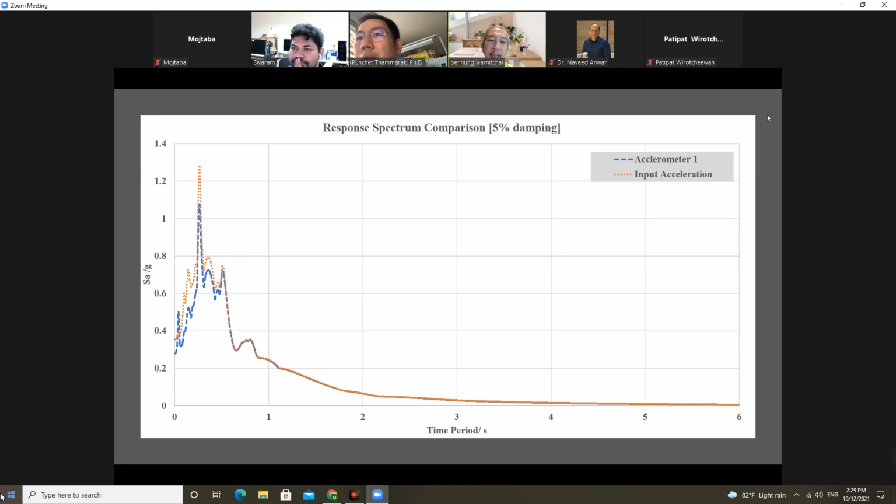I think the key point is it doesn't have to make a perfect match with the input, because whatever he records will be the input into his analytical, numerical model. So it is just giving the excitation to the system, to the block. Yes, sir. The real input to the analytical model is from the accelerometer installed at the base.